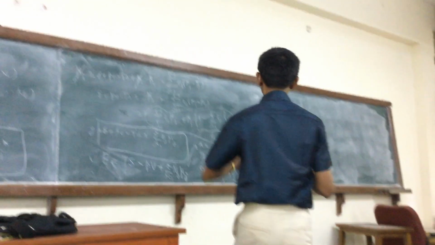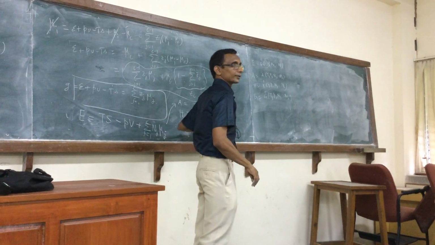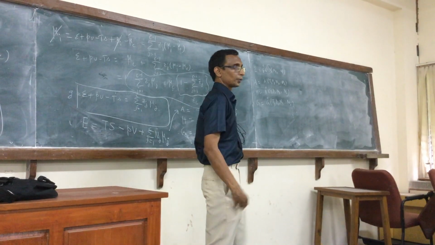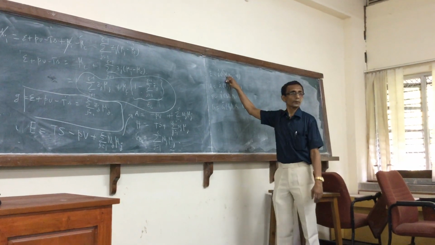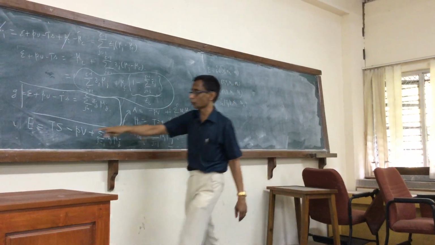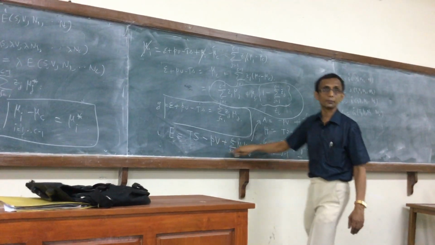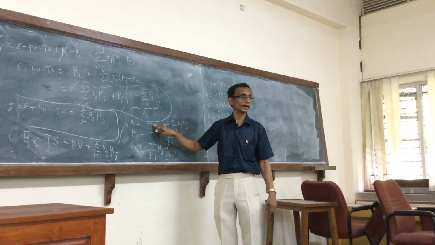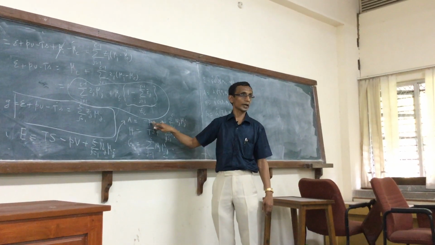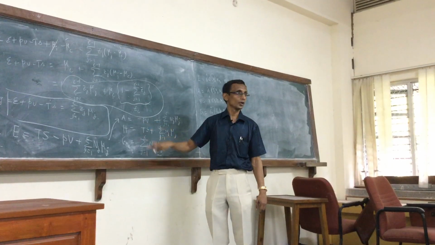Now, that's why they are all coming in the expression for the total thermodynamic potentials. However, here both are extensive, so we get a term for each one of them from Euler's theorem. Here, temperature is not an extensive variable, so I don't get anything for that. It's only for the volume times the derivative of A with respect to volume.